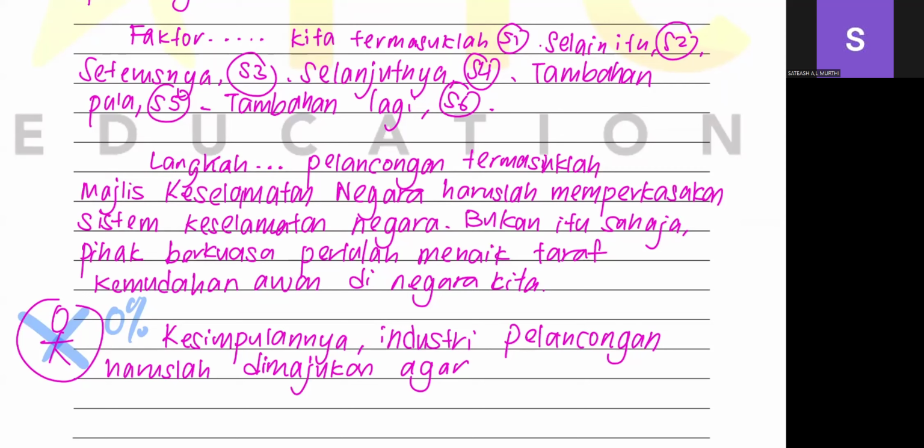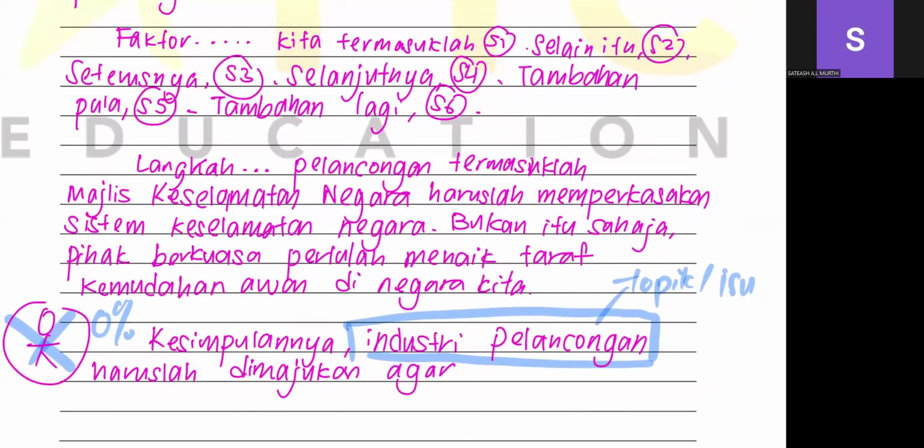So what are the good things that will happen? Normally your kesimpulan, you take your topic, your issue from your particular. Just like why we keep finding topics for your karangan, same thing. So we need to improve our tourism industry. Why? If a lot of foreign tourists come to our country, what are the good things that will happen?